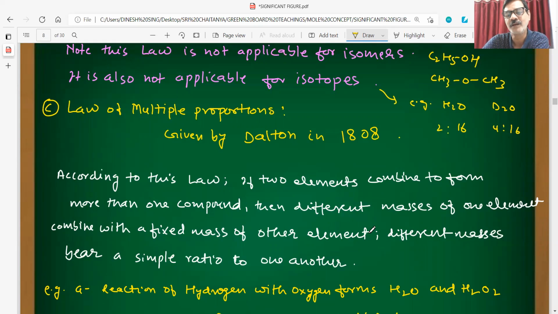That is, one element's mass we have to take as fixed, and the other element's mass will vary. So the different masses of the other element bear a simple ratio to one another.